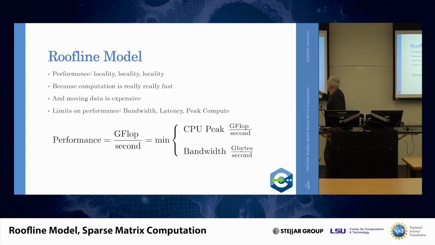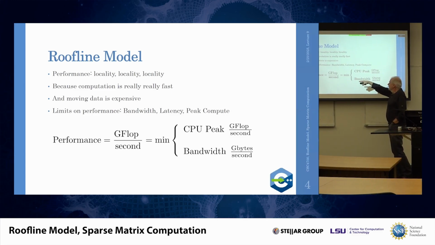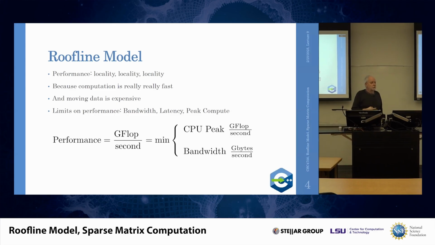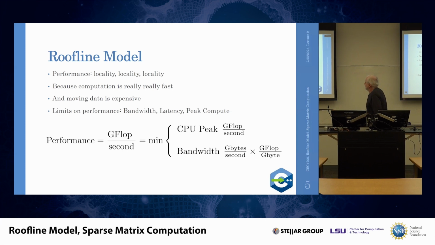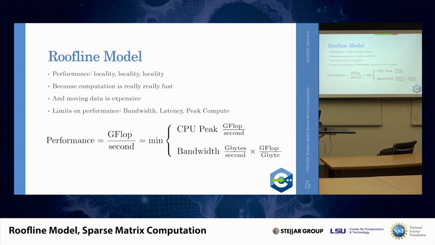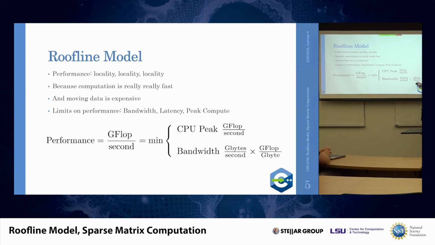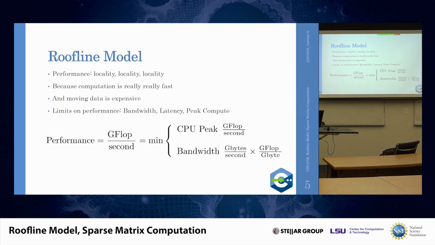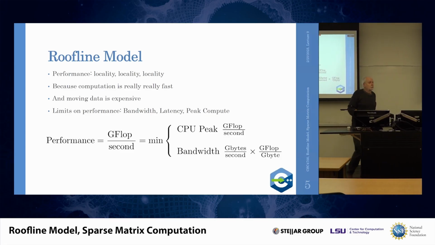We have to find another measure that gives us gigaflop per second in order to match the physical units. So we have to find some coefficient lambda that is measured in gigaflop per gigabyte, or flop per byte. And when we multiply that with our bandwidth, we get the performance we are looking for.